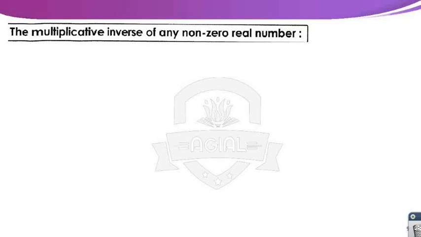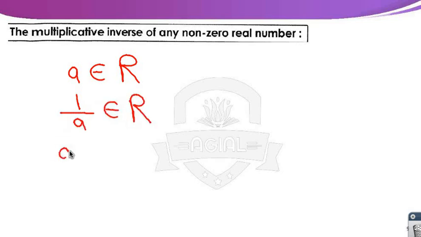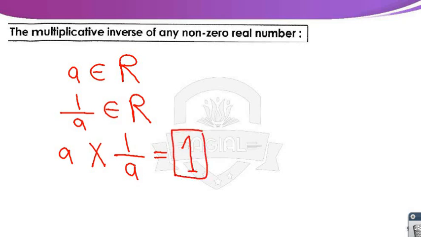So if we have a belongs to R and 1 over a belongs to R, a multiply 1 over a will be 1, because a with a will be 1. So a here is not equal to 0.